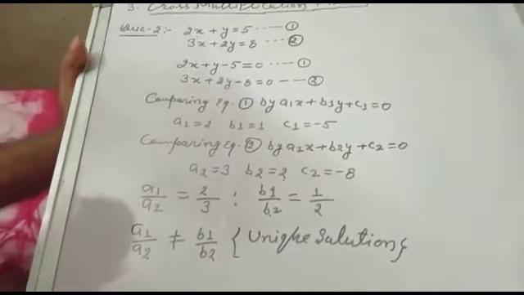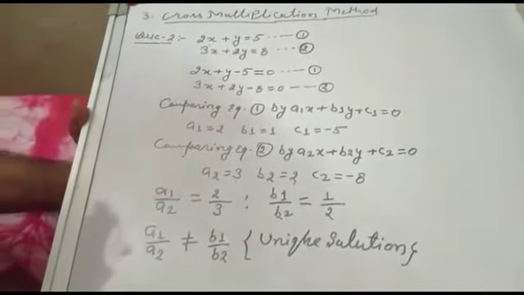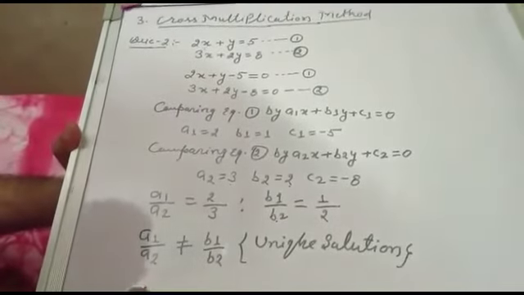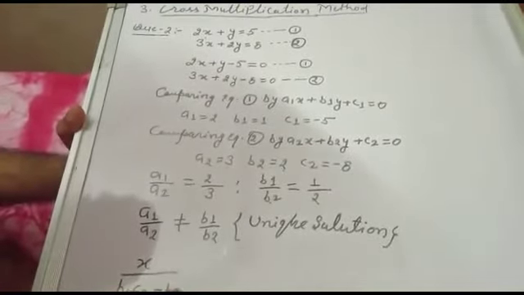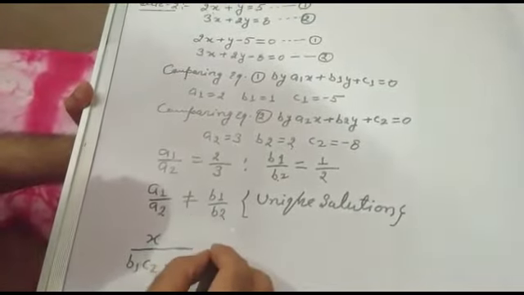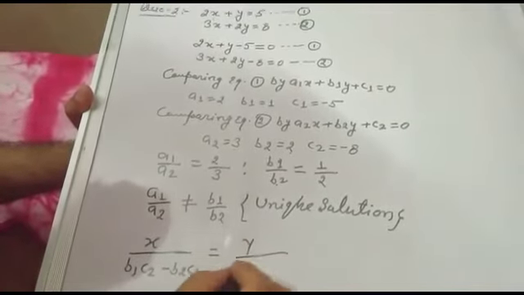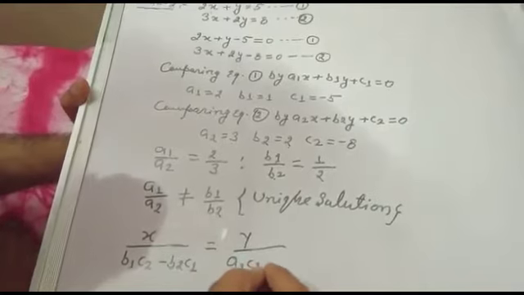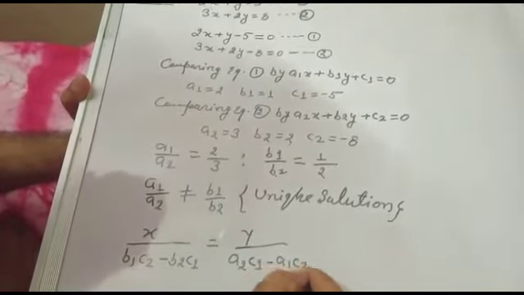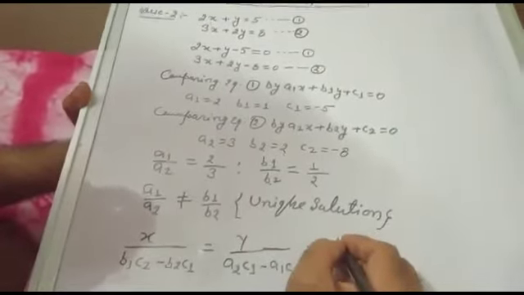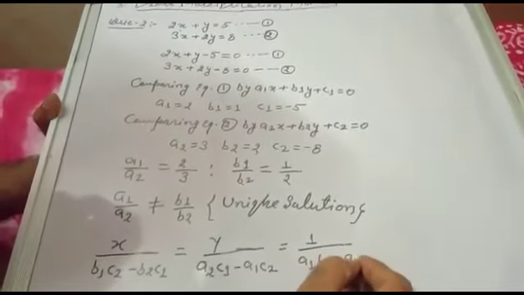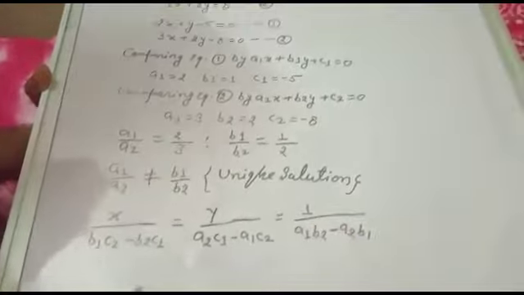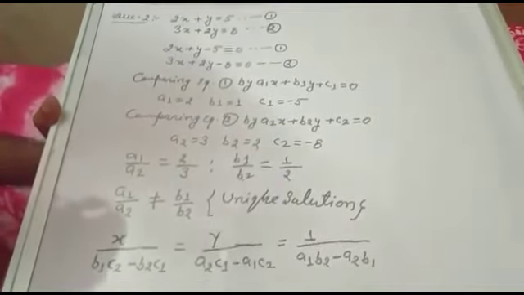Since the equations have a unique solution, we solve by using the formula. The formula is x upon b1c2 - b2c1 equals y upon a2c1 - a1c2 equals 1 upon a1b2 - a2b1. This is the cross multiplication formula.